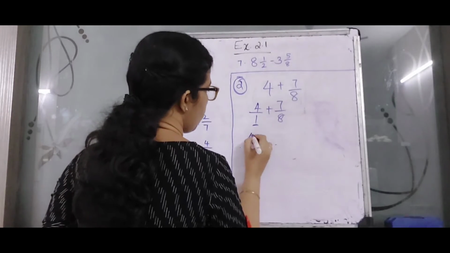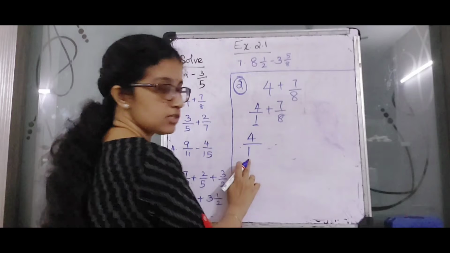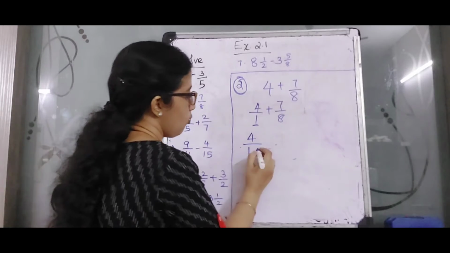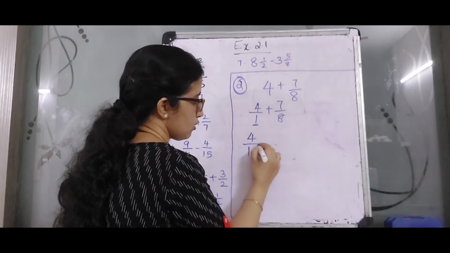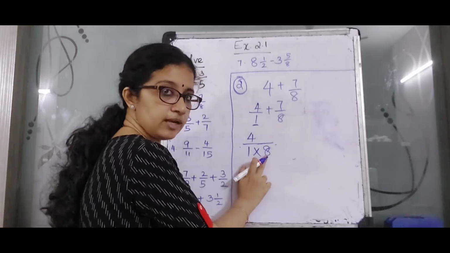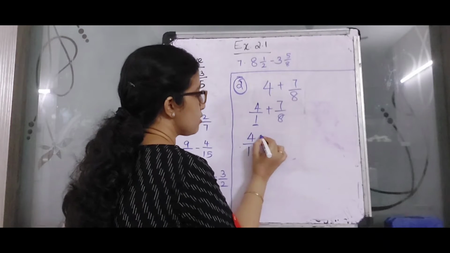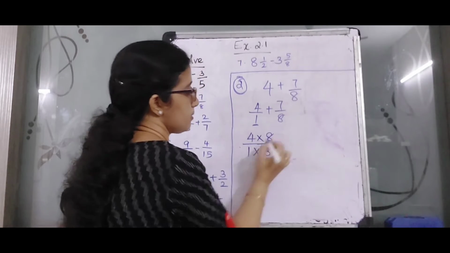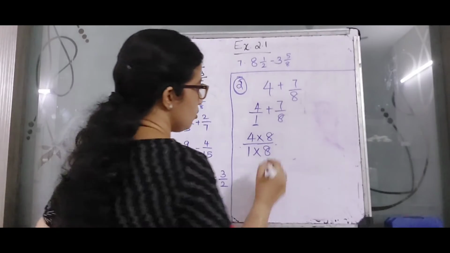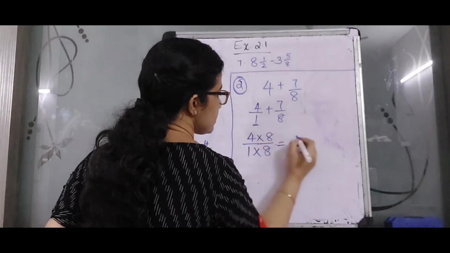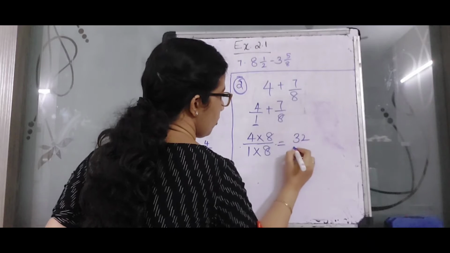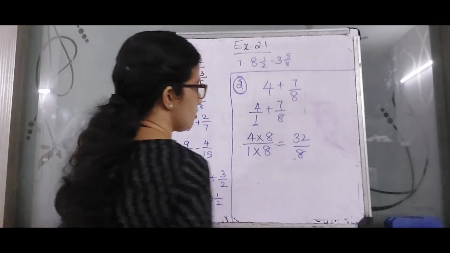So 4 by 1, how can we make this 1 into 8? 1 into 8. If we multiply the denominator by a number, the numerator also has to be multiplied by the same number. So 4 8s are 32 by 8.